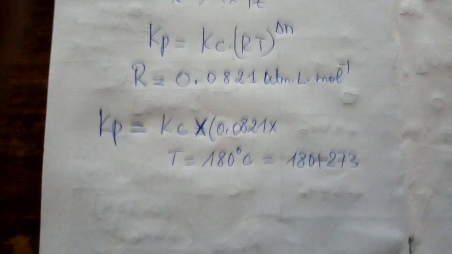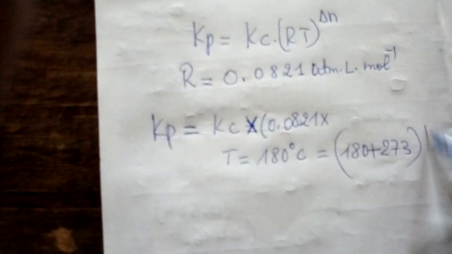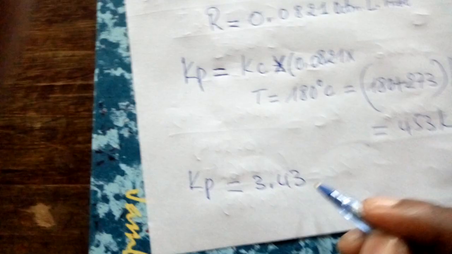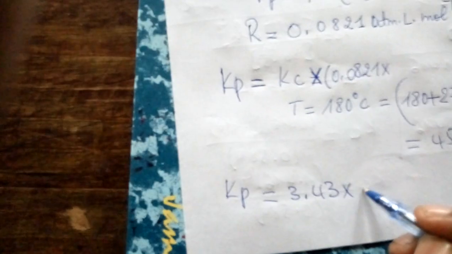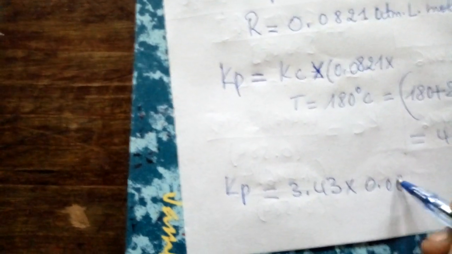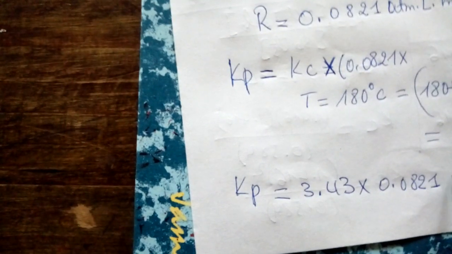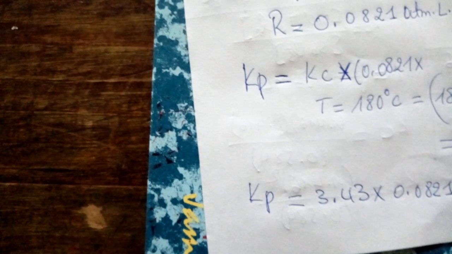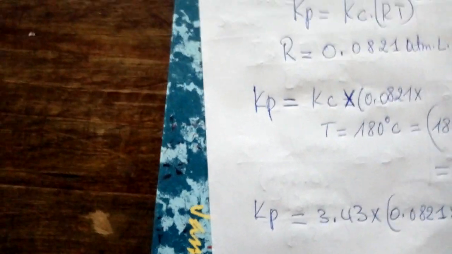This is Kelvin, equal to 453 Kelvin, and in this case Kp will be equal to 3.43, this is Kc, times 0.0821 times 453 to the power delta n.